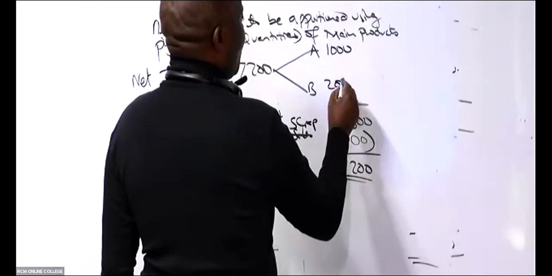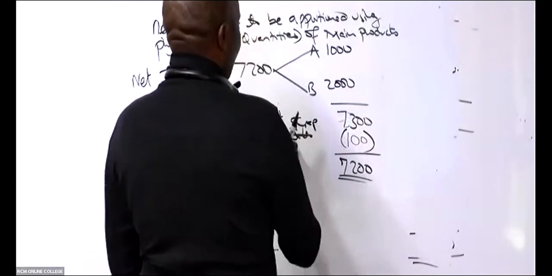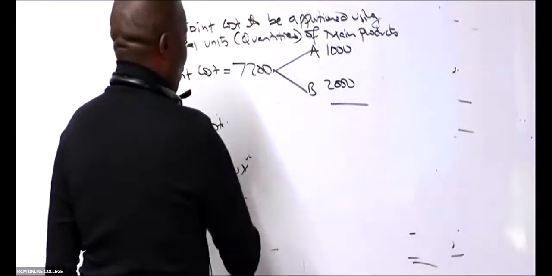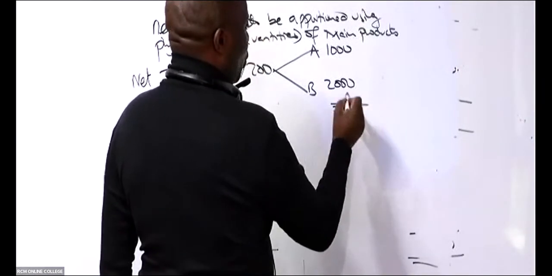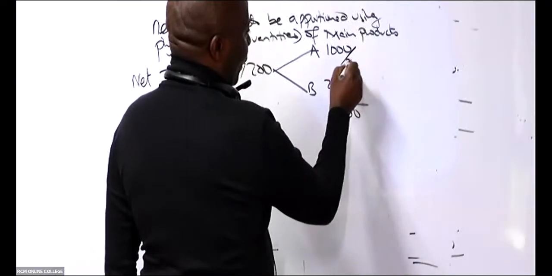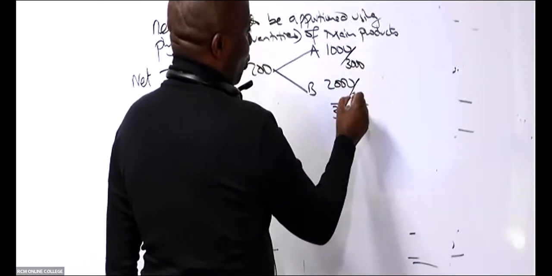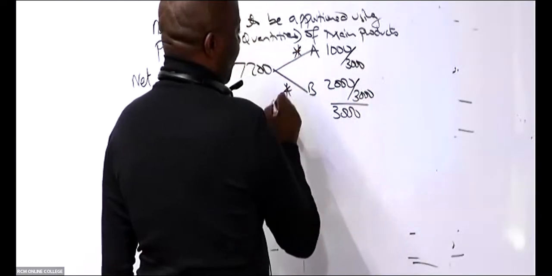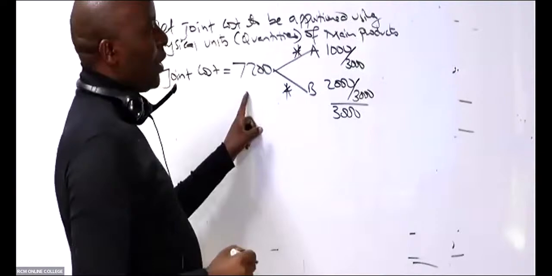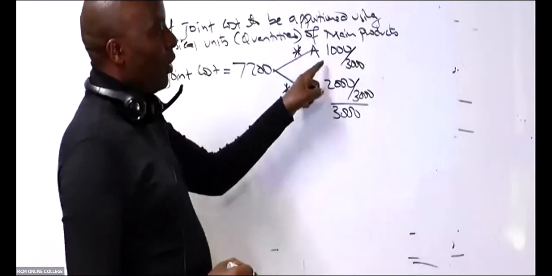If you add the two, you will get 3,000. So proportion-wise, this will be 1,000 over 3,000 and 2,000 over 3,000. Now you can do your multiplications. You take 7,200 times 1 over 3.